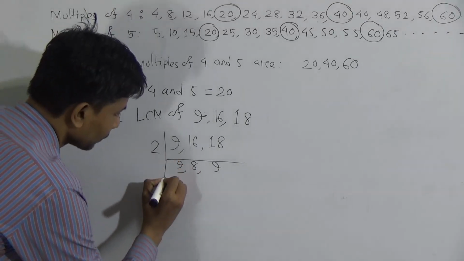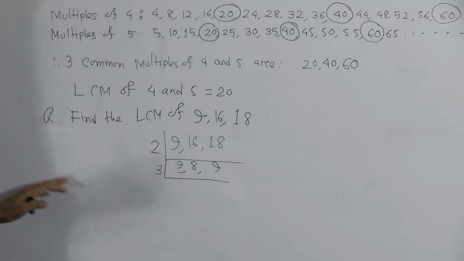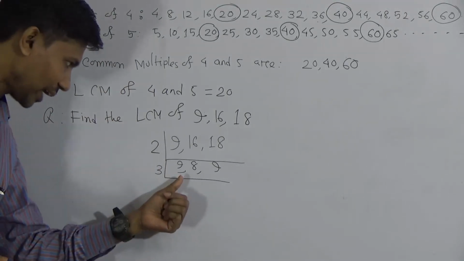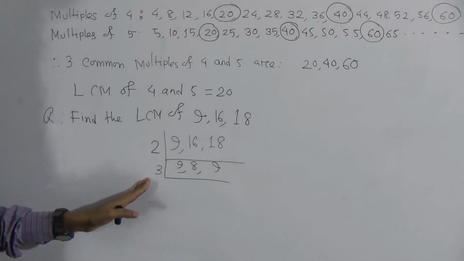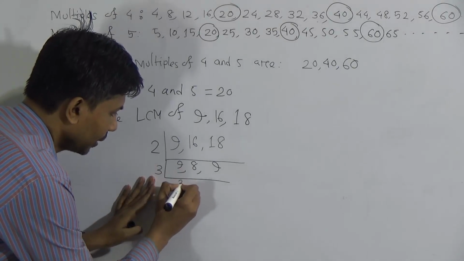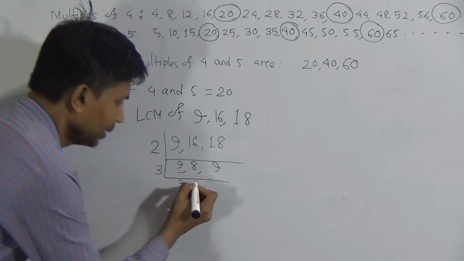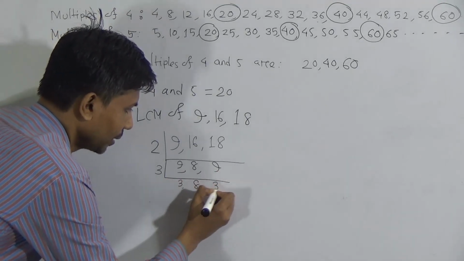Look, here 3 is the prime number. And we have to select 3 because we can divide 9 by 3, similarly 9 by 3, and 9 is divisible by 3. Okay? Look, if we divide 9 by 3, then we get 3. 8 remains the same. Divide 9 by 3, then we get 3.